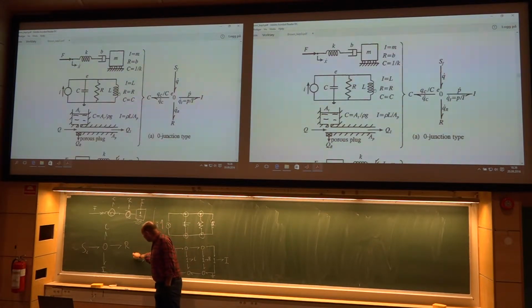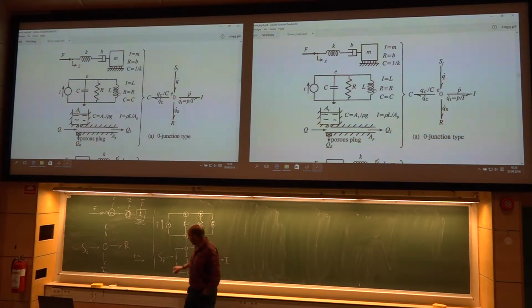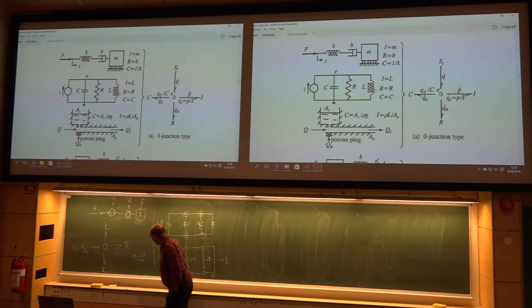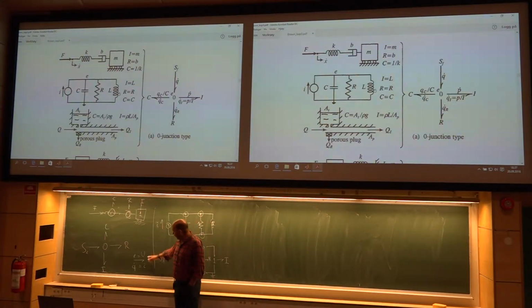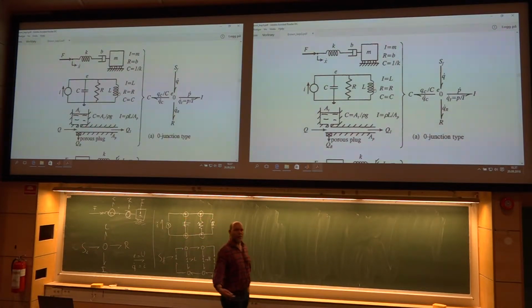Now you have the effort, and for electric systems that was the voltage U, the flow Q dot, well, that's the current. The power you find by multiplying these two together. If one of them is 0, the power is 0. Hence, all bonds connected to ground will have 0 power.